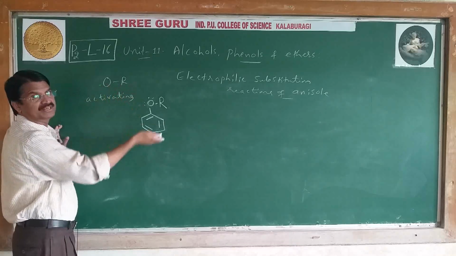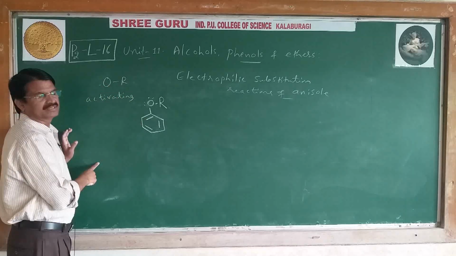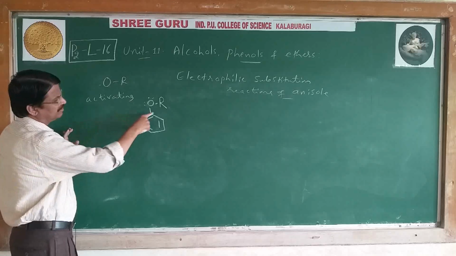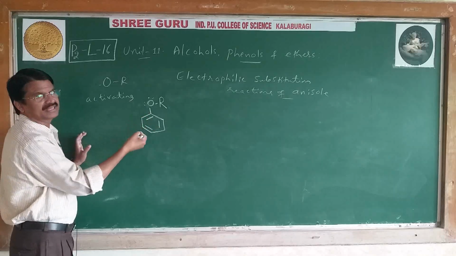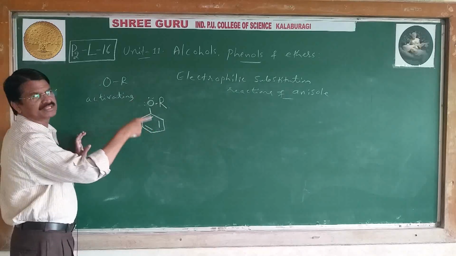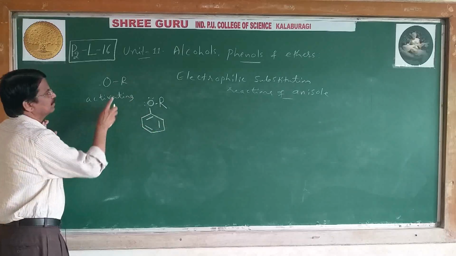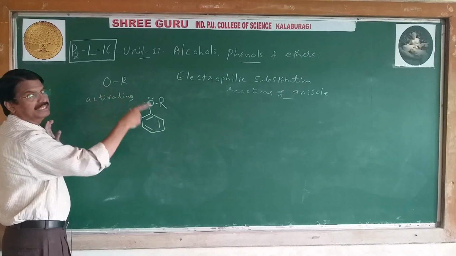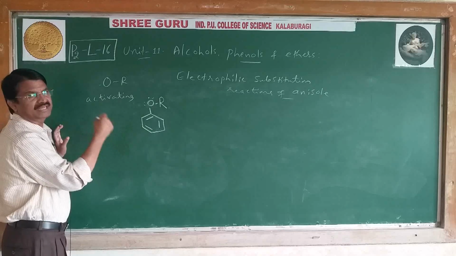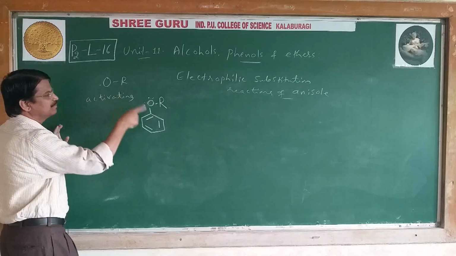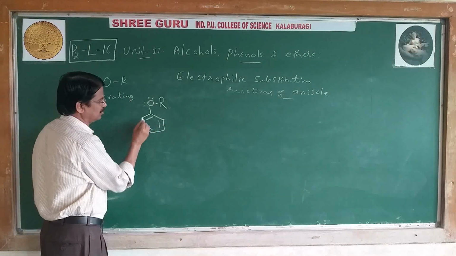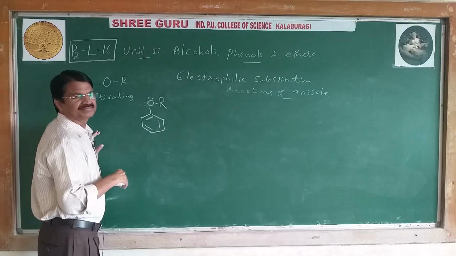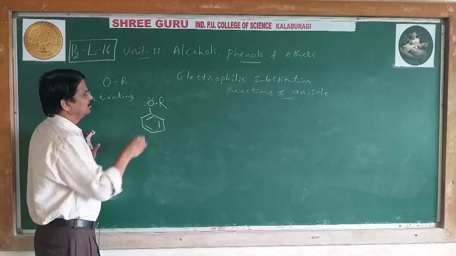It activates the benzene ring by resonance. See how it can activate, and which position contains more electron density, which we can study through resonance. The OR group, the alkoxy group in ethers, is an activating group, and it activates the benzene ring at ortho and para positions due to resonance.